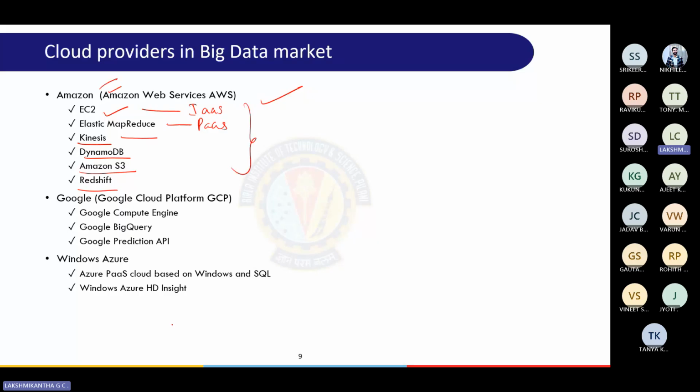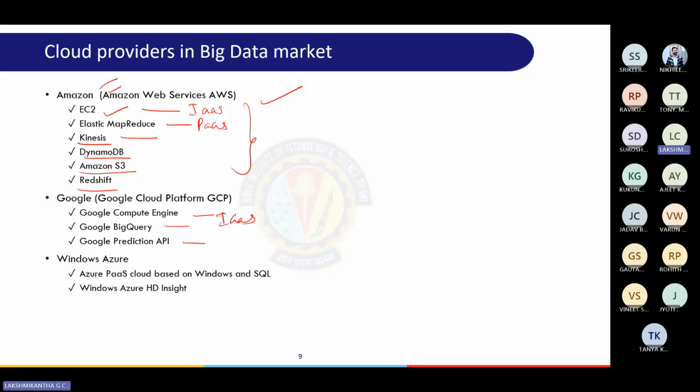And what is the next one, guys? Next one, GCP, Google Cloud Platform. See, Google leverages its internal technologies, guys. The very first one is Google Compute Engine, second is Google BigQuery, and third is Google Prediction API. What is Google Compute Engine, guys? This is IaaS, right? Their IaaS offering for virtual machines.